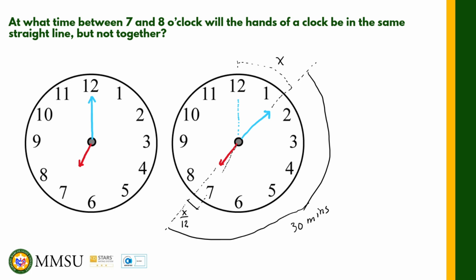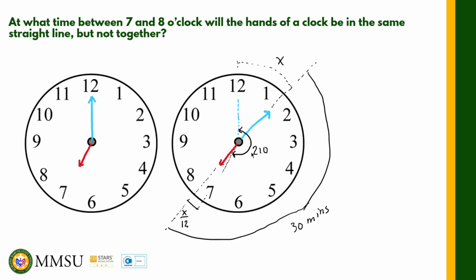Okay, so if that is 30 minutes and we have x over there and we have x over 12 dyan, so we can formulate an equation based from the figure. Ano pa yung alam natin? Ang alam din natin the number of degrees between the 12 mark and the 7 mark. Okay, so syempre 30 degrees yung between dial, so that's 210 degrees.